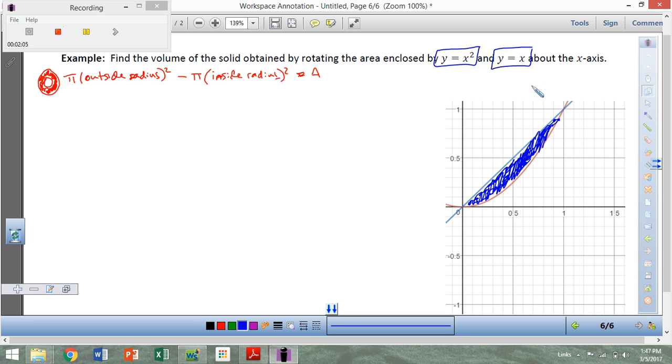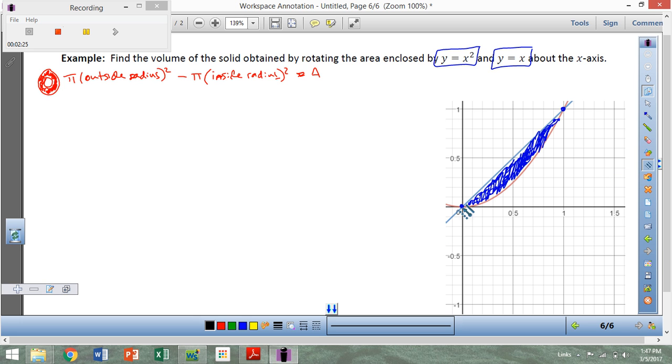So you would need to know when y equals x squared is equal to y equals x. The algebra there is to take x squared, set it equal to x, and solve, and you should find that they cross at 0 and at 1. That's important, that you can figure out those intersection points.